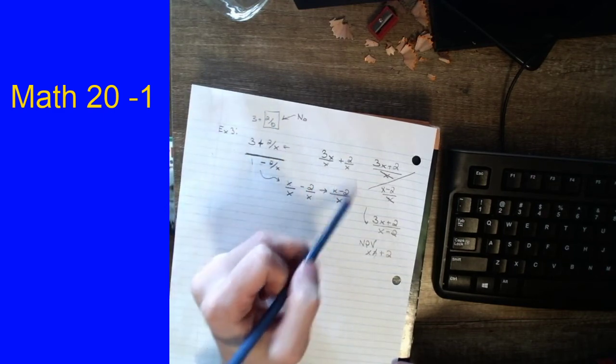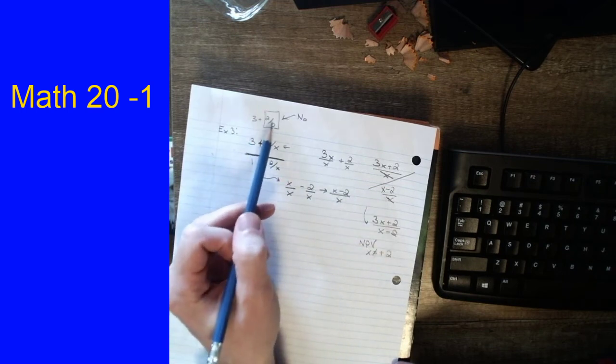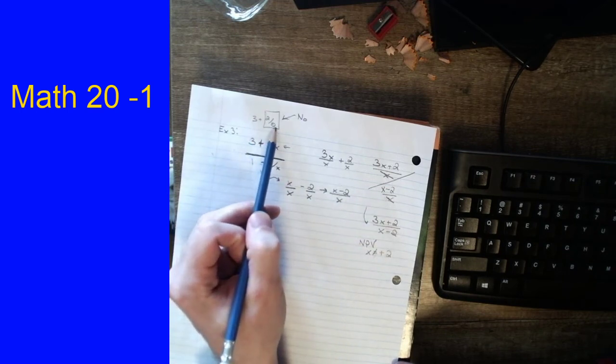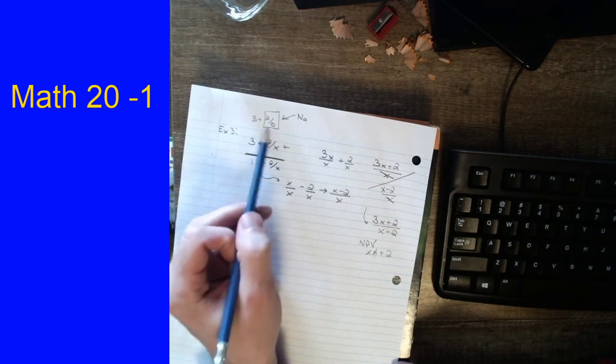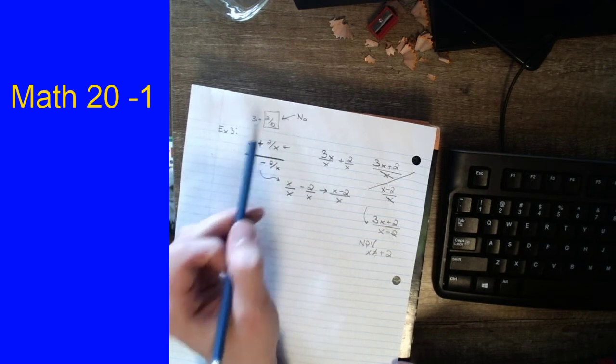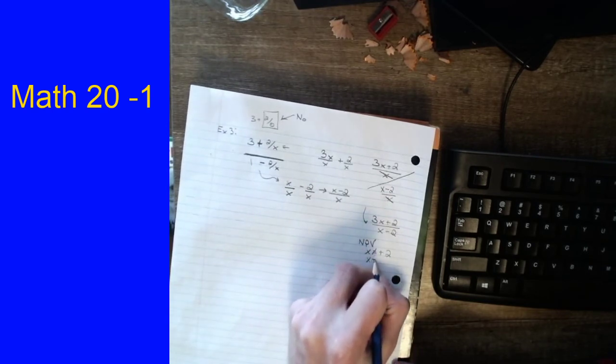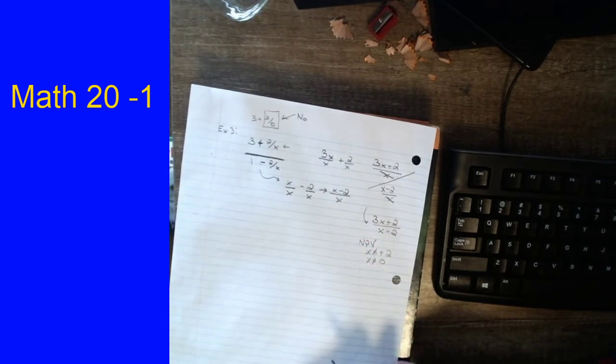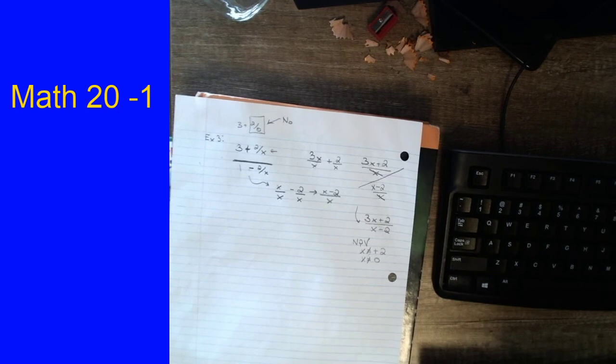So all of this is dependent on the idea that x isn't going to be equal to 0. As soon as it is, you just can't evaluate that. That's invalid at that point. So we also have a non-permissible value of 0. X cannot be equal to 0.